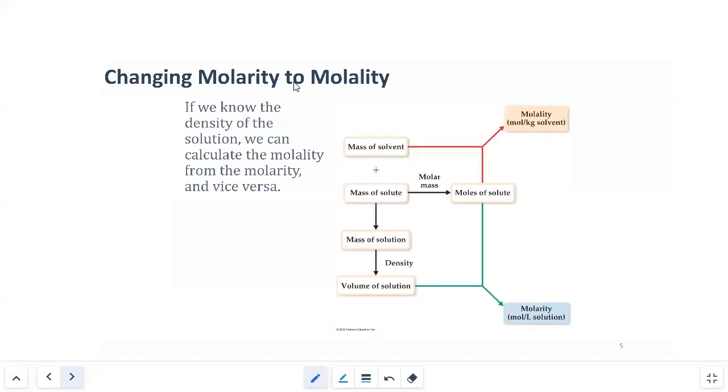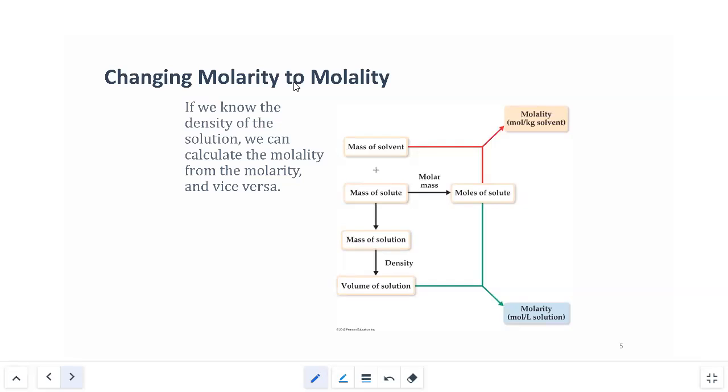Now, because there is a relationship between the two, there is a conversion that we can do between them. And so very similarly to what we did in chapter 8, where we were able to use density to convert between molarity and mass percent, we're going to be able to use density again here to convert between molarity and molality.